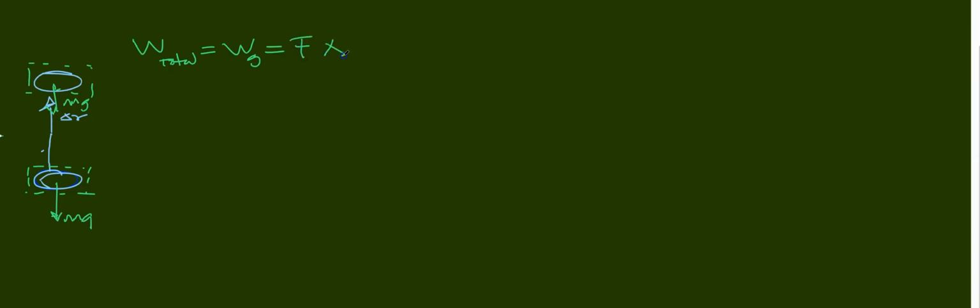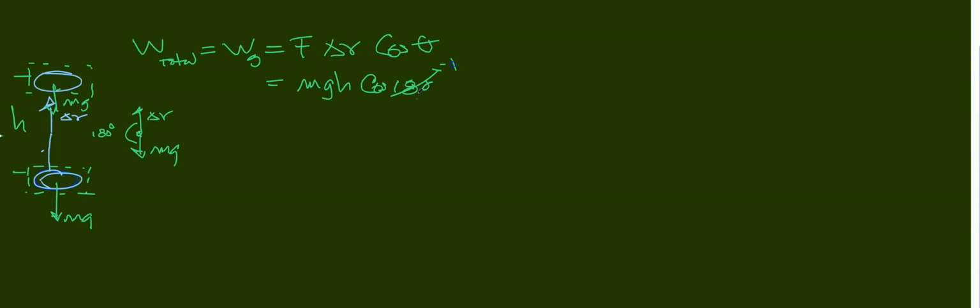Remember, we have to do force, displacement, cosine of theta. In our drawing, displacement is going up and the force is going down. Notice the two vectors. There is 180 degrees difference between the two vectors. So the force is the weight, mg. The displacement is whatever it might be, let's say a distance h from here to here. And then the cosine of 180 gives us -1. So the work done by gravity in this scenario is negative mgh.